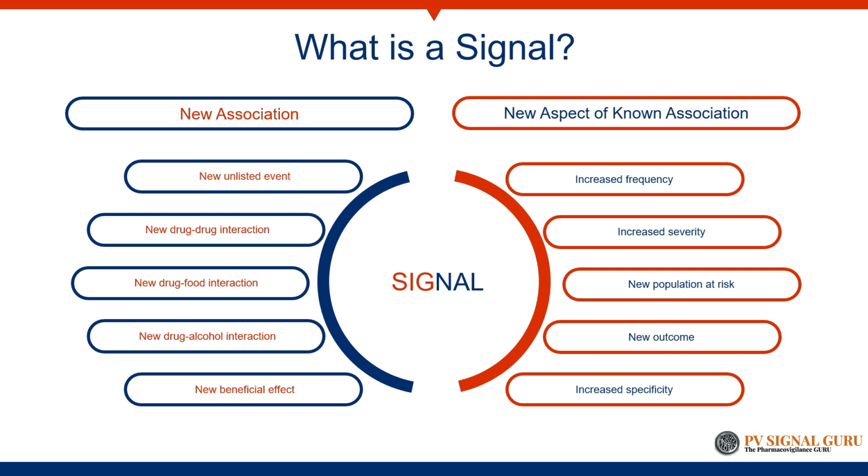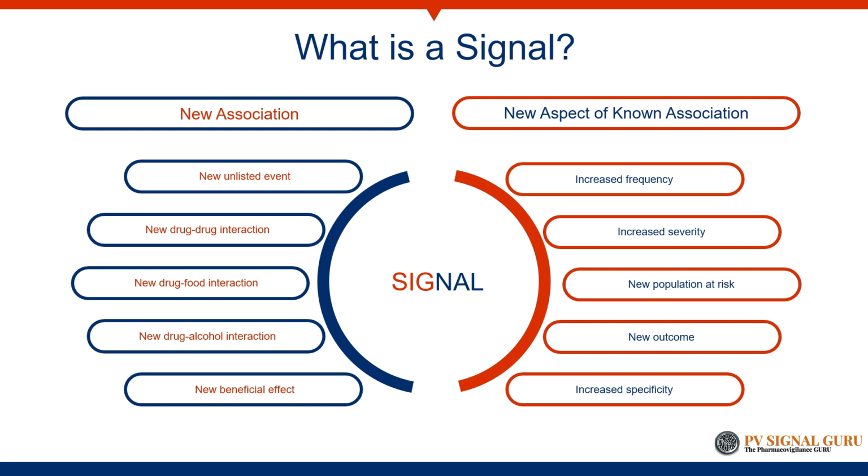As we see, new associations and new aspects of a known association in pharmacovigilance can significantly impact drug safety profiles, regulatory decisions, and patient care. Identifying and addressing these associations is crucial for ensuring the safe and effective use of medicinal products.